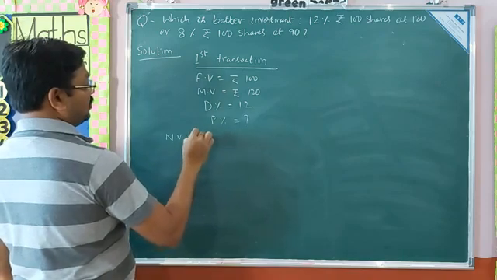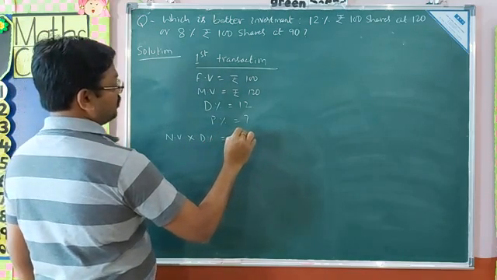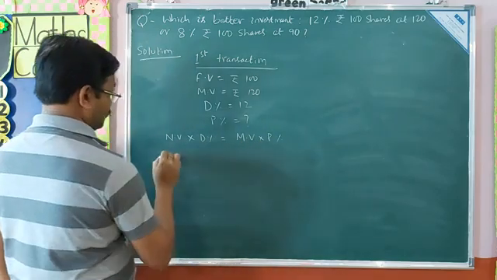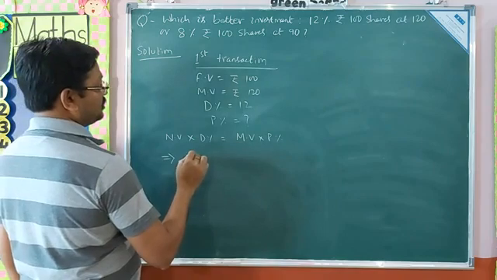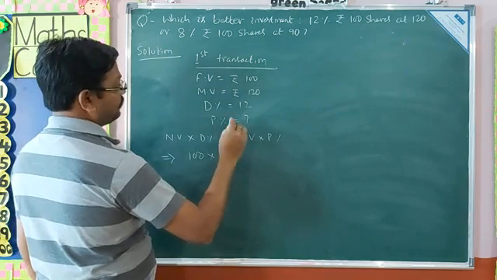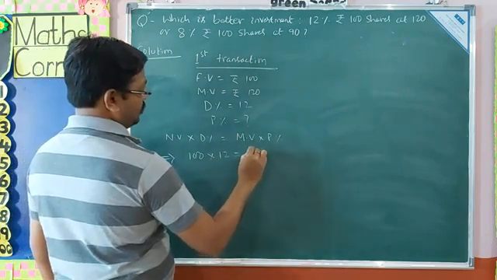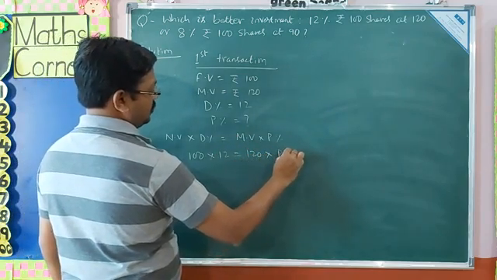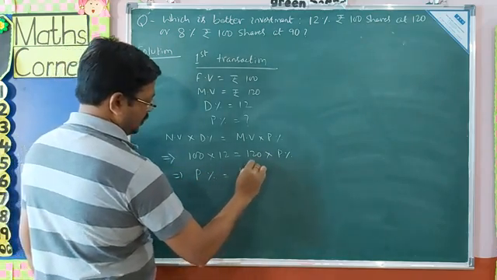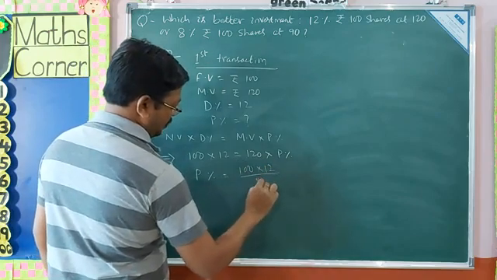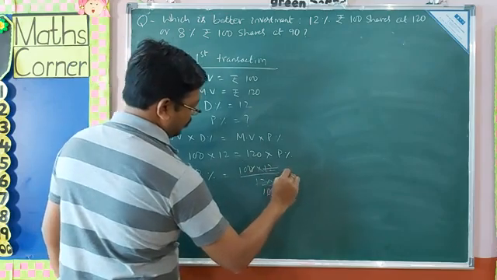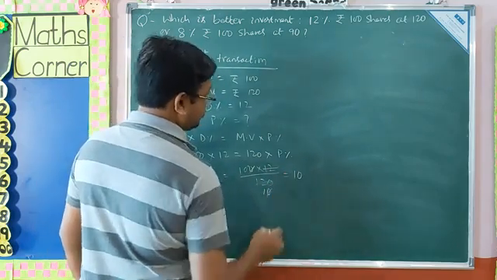Nominal value into dividend percent is equal to market value into profit percent. So nominal value is rupees 100, dividend percent is 12, market value is 120, and we need to find the profit percent. So profit percent is 100 into 12 by 120. So we got 10, and here we got profit percentage 10.